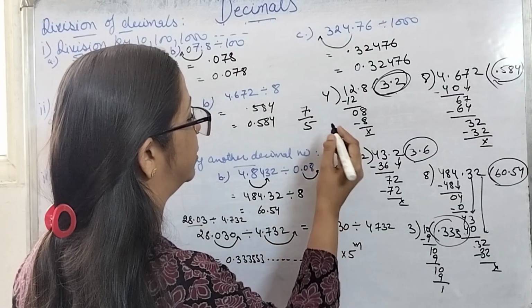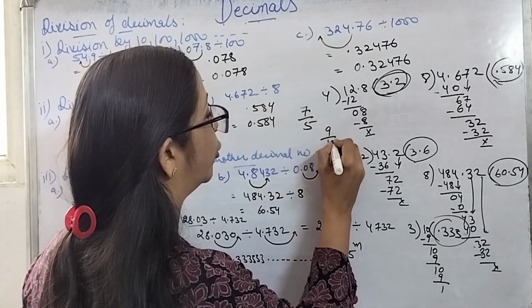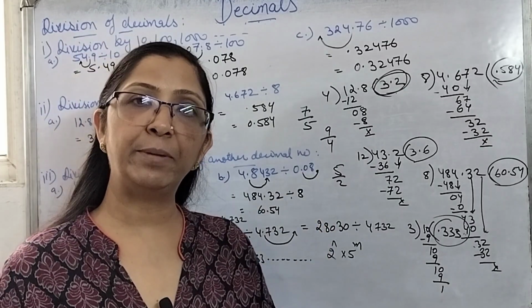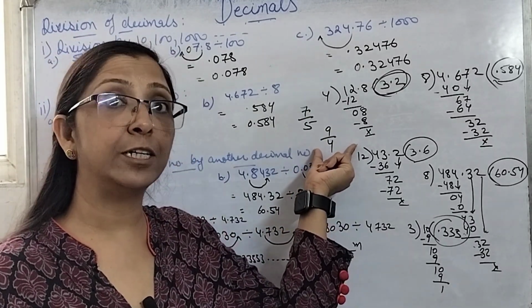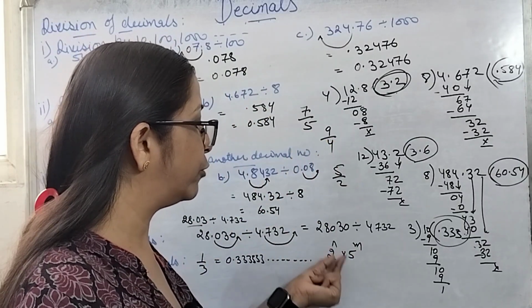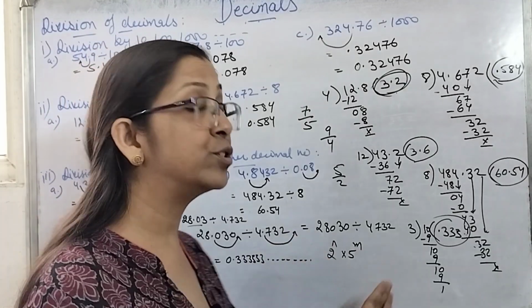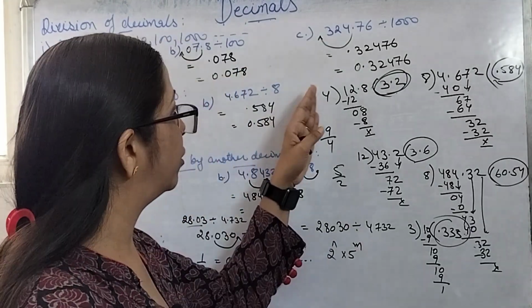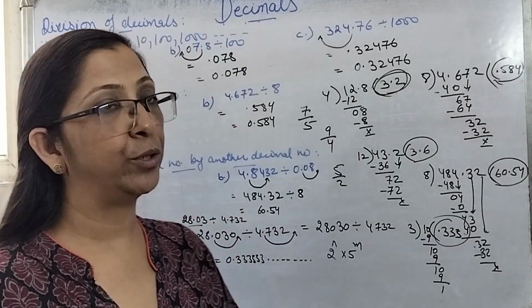If your division is like 9 over 4, 4 can be written as 2 multiplied by 2. That means after certain steps it is going to terminate. So whenever your divisor is in the powers of 2's and 5's, your remainder will come to an end, it is going to terminate. Otherwise it is not going to terminate.